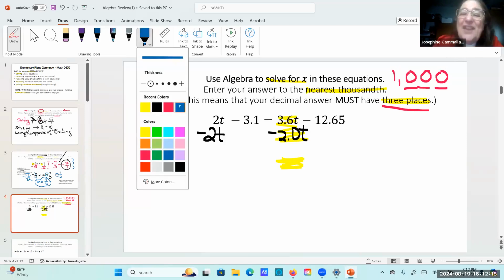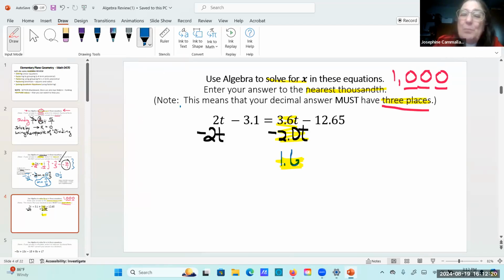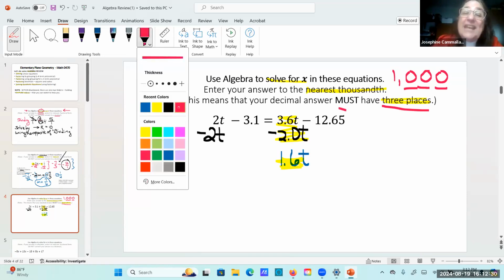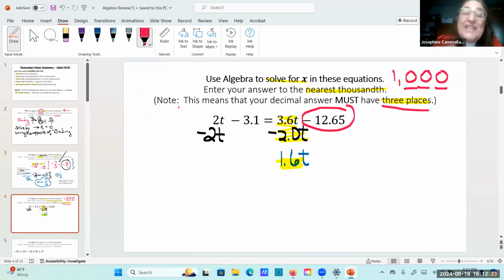And that positive answer is 1.6t. I go for the positive. Then I am going to take this -12 and bring it to this side. But I'm doing the opposite. I'm adding 12.65 to both sides.